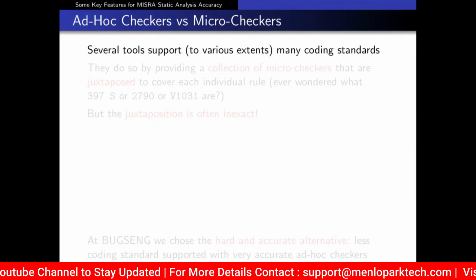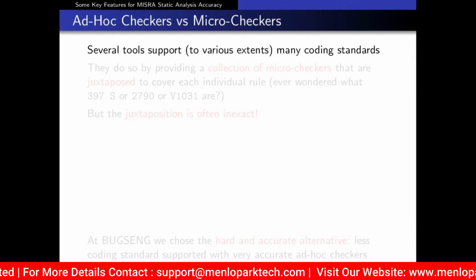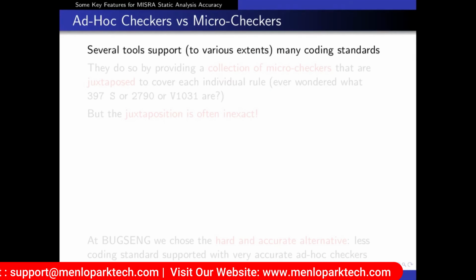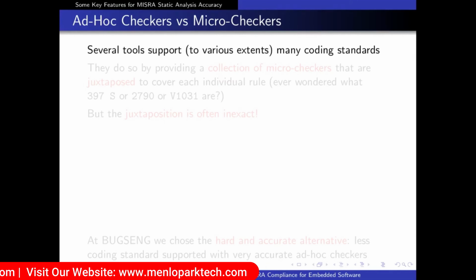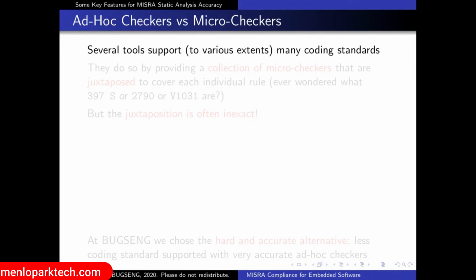Then there is this thing about microcheckers that I mentioned before. Several tools support, to various extents, many coding standards. They basically support all coding standards. They say we support this and this and this. How do they do it?